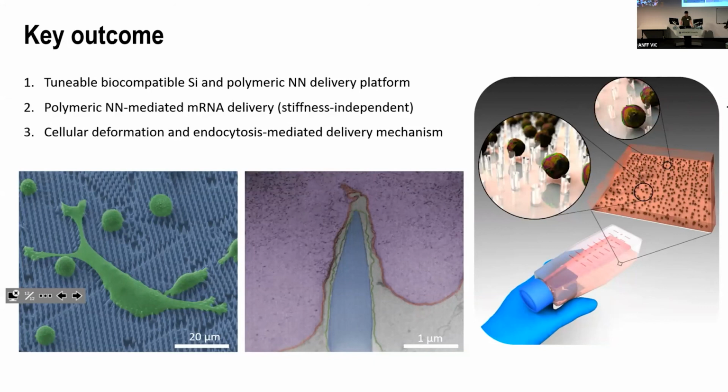There is a bit of distribution of the size in the polystyrene beads, but it's not a huge difference. These are commercially available polystyrene beads, and we achieve this monolayer by using convective assembly, which basically spreads the polystyrene beads into a thin single-layer film on top of the substrate.